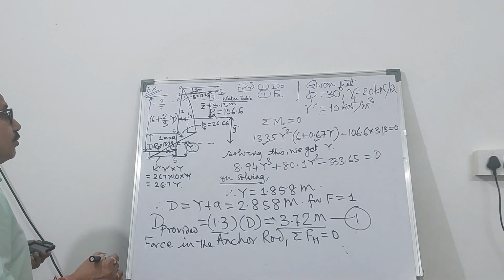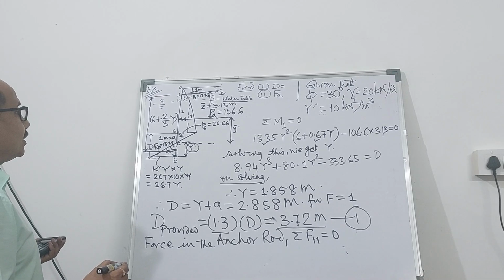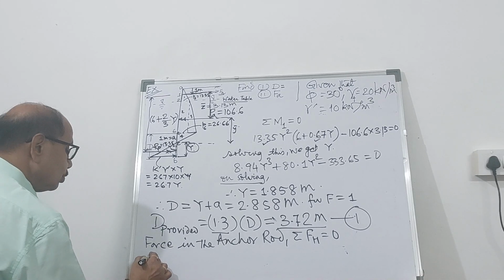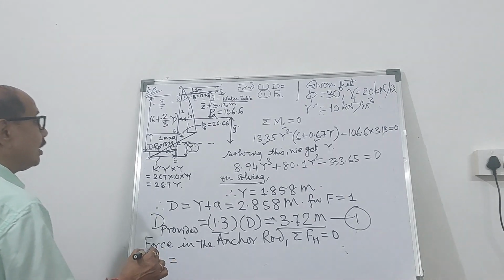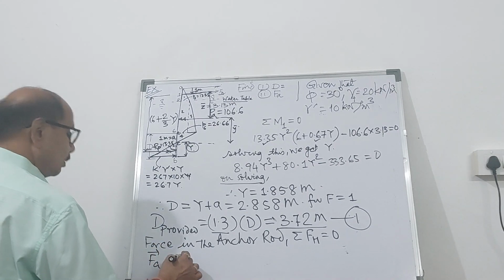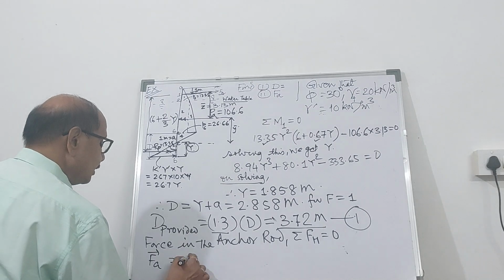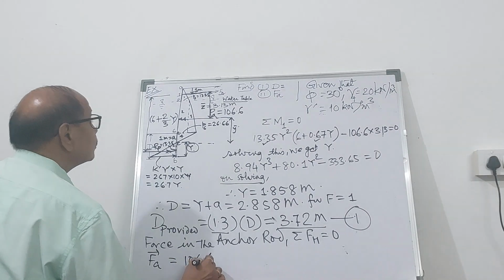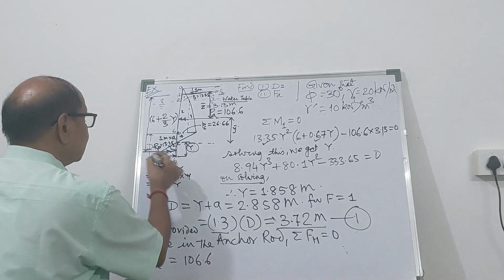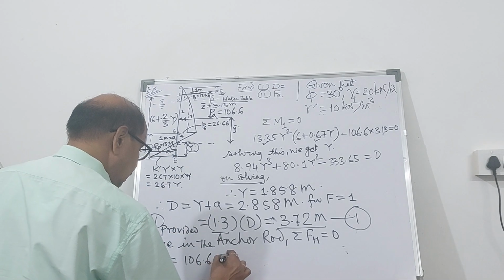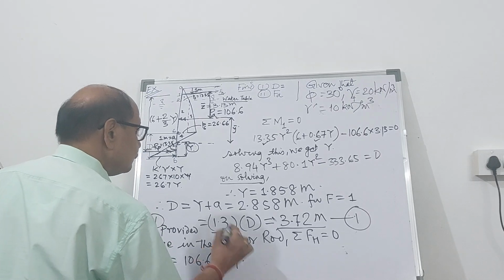So algebraic sum of all the horizontal forces must be equal to 0. So Fa must be equal to Pa, that is 106.6 minus this Rp.